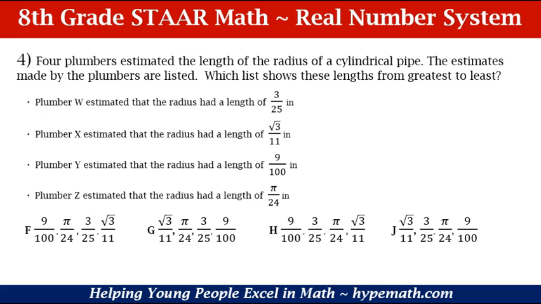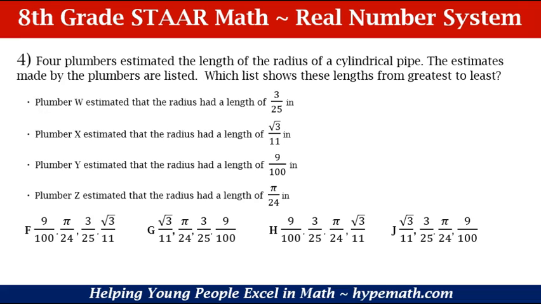Our answer choices are F, 9/100, pi/24, 3/25, the square root of 3/11. For G, it's the square root of 3/11, pi/24, 3/25, 9/100.